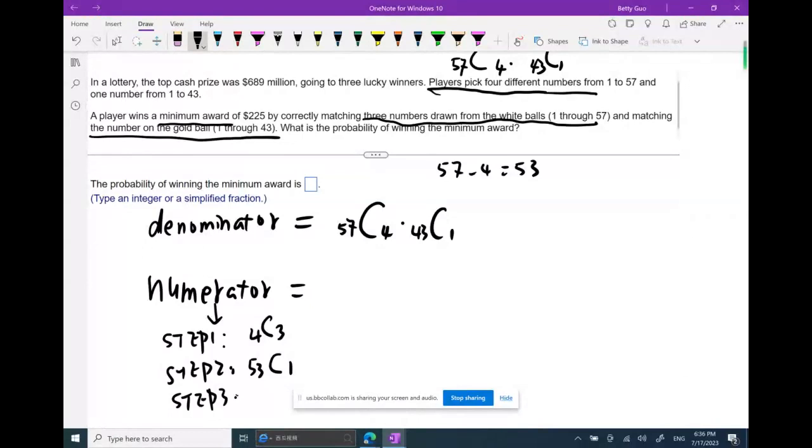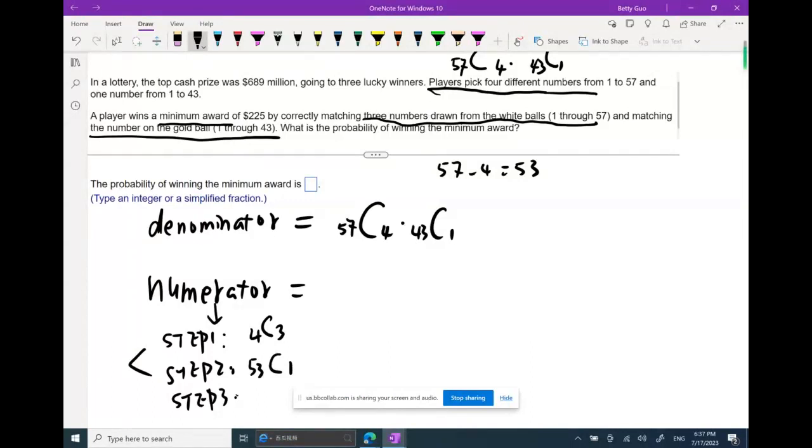We are talking about the white ball. The first 2 steps are playing the white ball. We have 57 numbers. Among the 57 numbers, 4 of them are matching numbers. The other 53 numbers are not matching numbers.